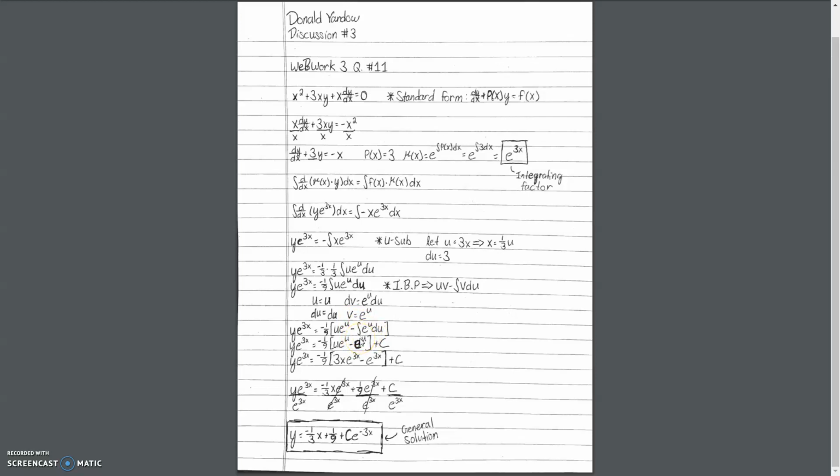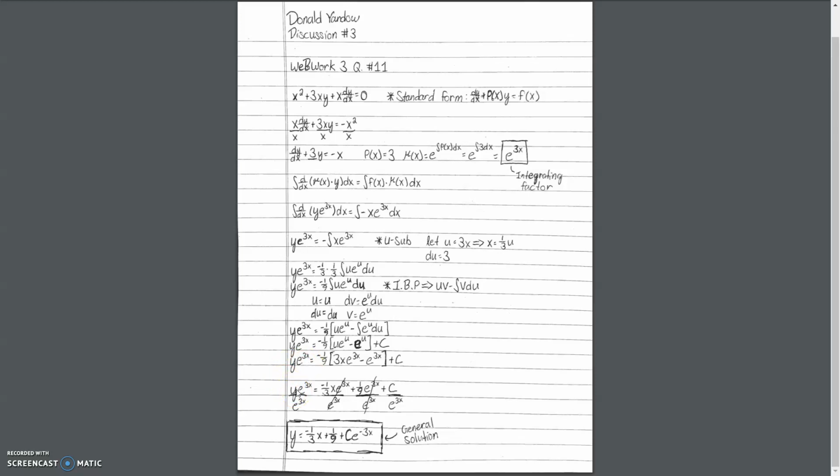Now, solving the integral, we have y times e to the 3x equals negative 1/9 times u e to the u minus e to the u plus c. So from here, we're just two small steps away from finding the general solution, and that would be to multiply out by the negative 1/9 here, and then after that we will need to divide out by e to the 3x in order to solve for y and get it by itself.